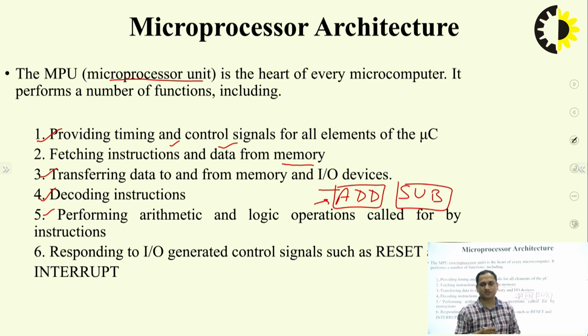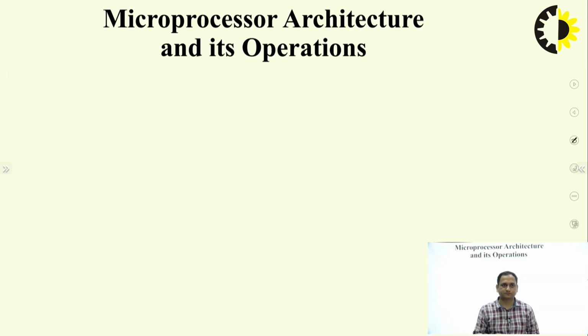Okay, so first the instruction will be decoded. After that, the instruction will be performed. Then responding to IO generated control signals such as reset and interrupts. These are the externally initiated operations which are performed by the microprocessor. It depends on the external devices what needs to be performed. Okay, so as an example they have mentioned reset and interrupt.